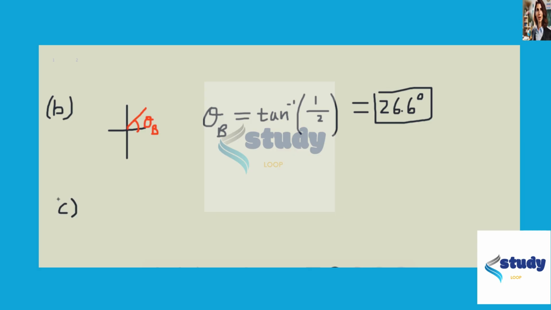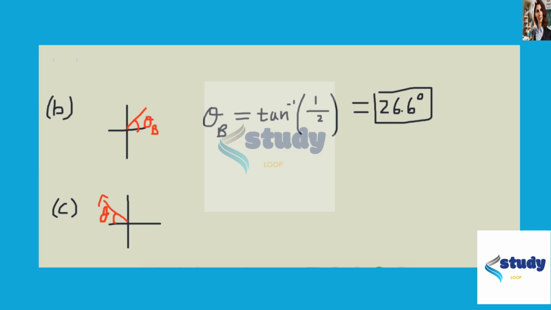Okay, part C. For part C, we have a of x is equal to negative 2 meters and a of y is equal to 1. So our resulting vector is going to be something like this. If we use our trigonometric identity for tangent, we'd end up finding that angle theta.